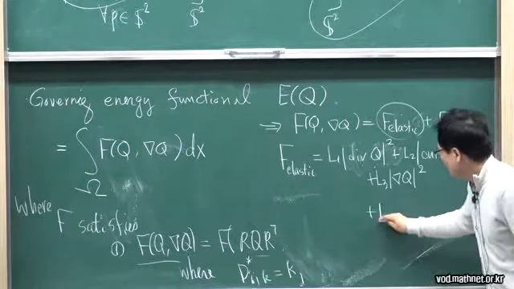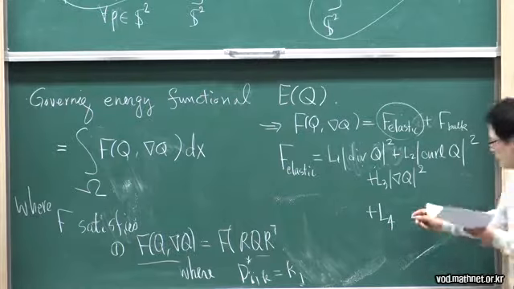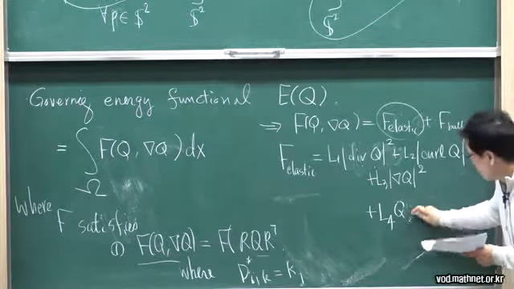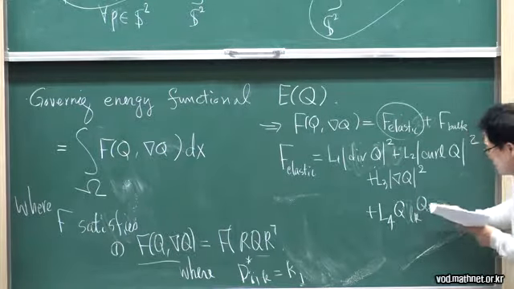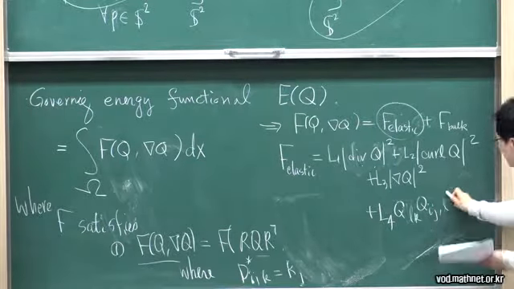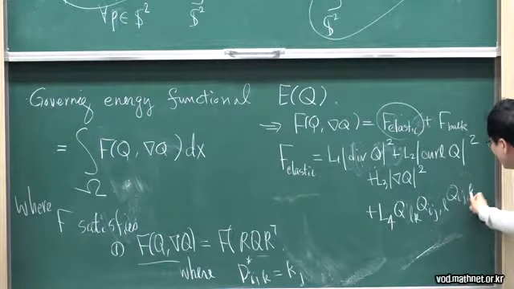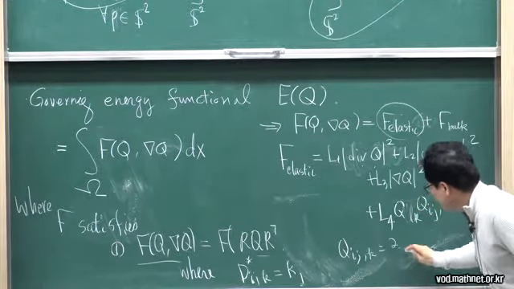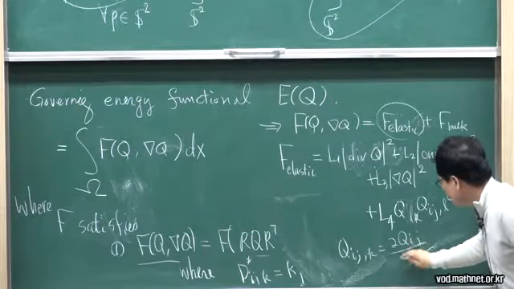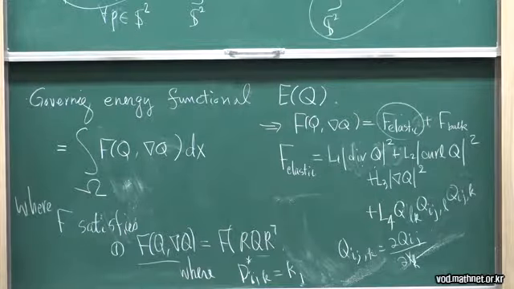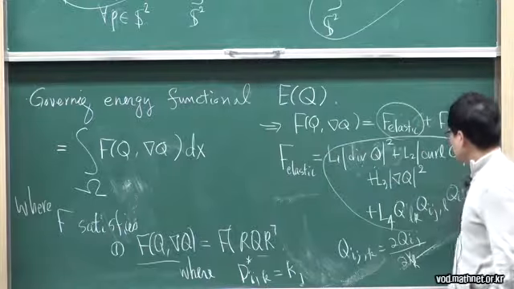And then we have in general another form, L4, that would be a little bit complicated, Q_ij,k Q_ij,l... where Q_ij,k means you differentiate Q_ij with respect to x_k. So comma k means you differentiate with respect to x_k. So this is the elastic energy.